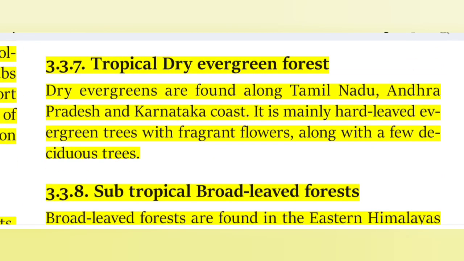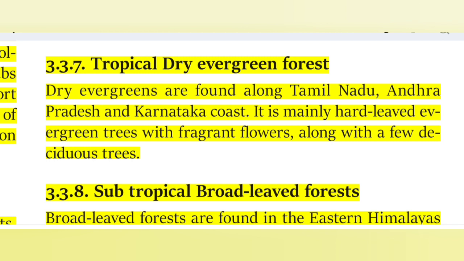Okay, next is tropical dry evergreen forest. So dry evergreen are found along Tamil Nadu, Andhra Pradesh and Karnataka coast. These are found in Tamil Nadu, Andhra Pradesh and Karnataka coast.